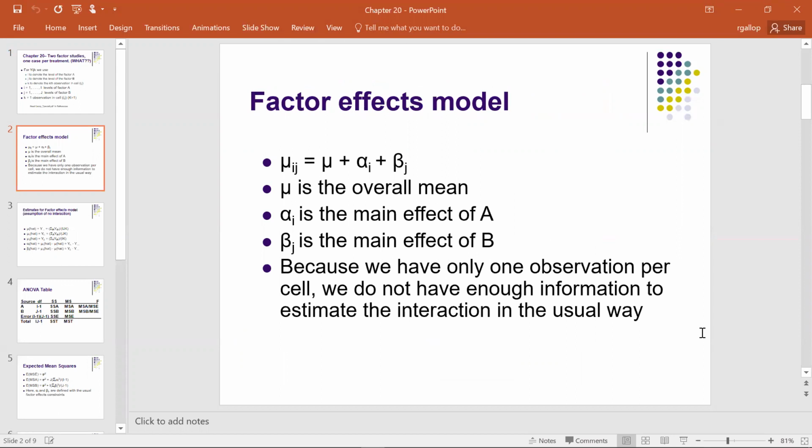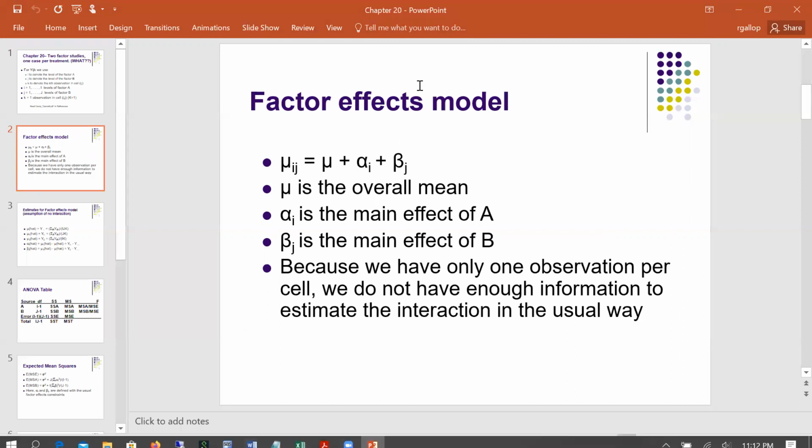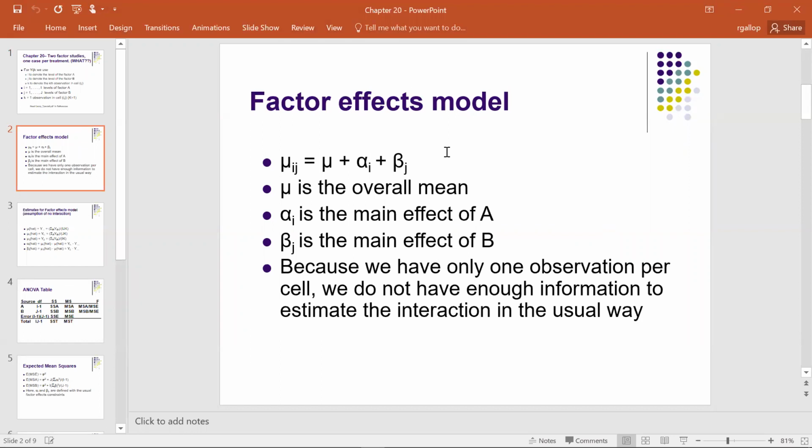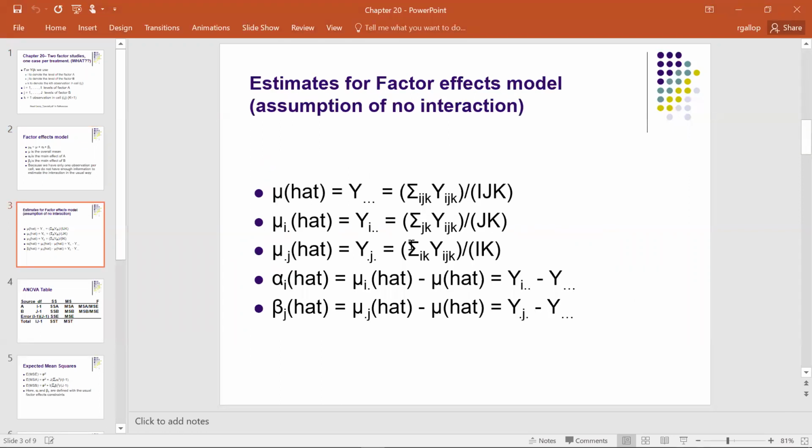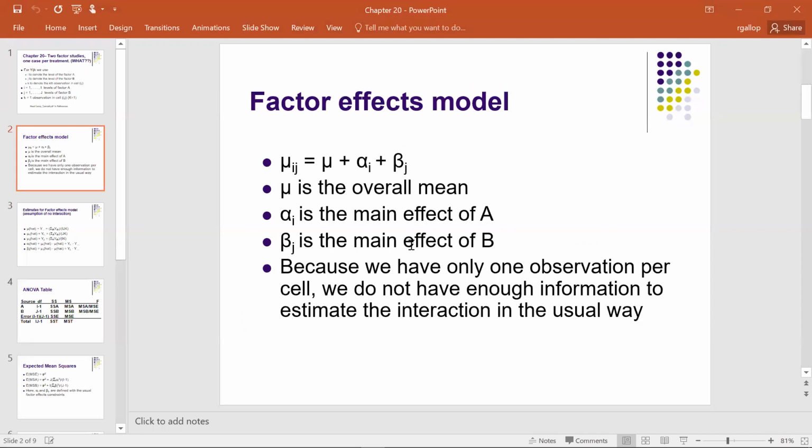So in the way the book attacks this two-way ANOVA model when you have one observation per cell, it focuses first on the main effects portion of the model. So for us, it's namely main effect of A, main effect of B. The big thing is, with only one observation per cell, we can't fit the two-way interaction, or else the model's over-parameterized, which obviously is not estimable.